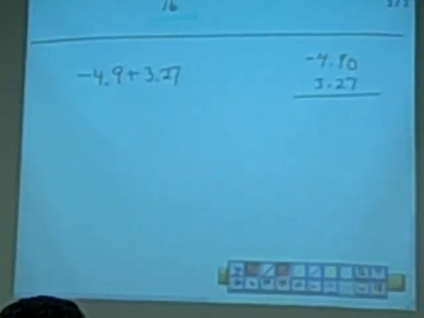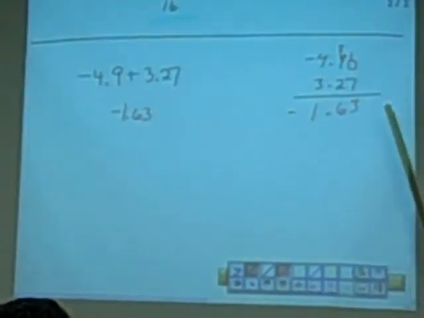But we know we're going to subtract, so let's go ahead and put our minus sign in our difference. Okay, so we've got to borrow, right? Borrow 1 from the 9, now we have 8. 10 minus 7 is 3. 8 minus 2, what do we get? 6, point, and then 4 minus 3 is 1. Okay, so our answer is a negative 1.63.